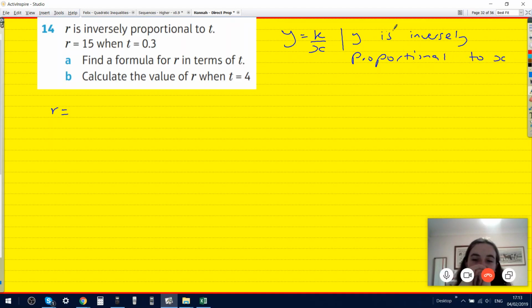So y is inversely proportional to x means y equals k over x.